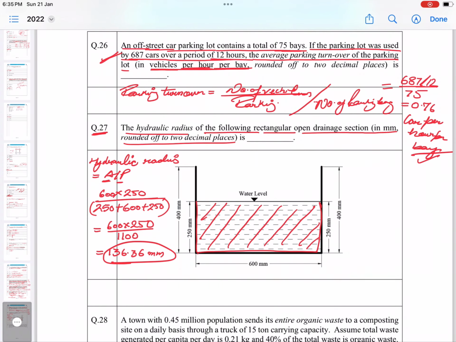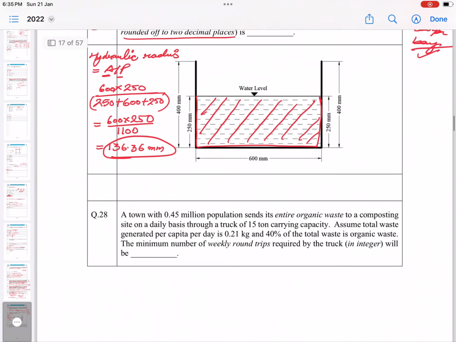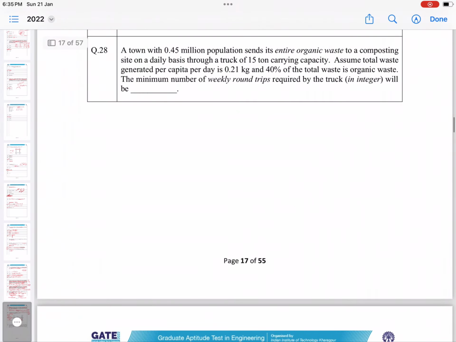This question is from planning for a drainage system. Now moving on to question number 28. I hope till now you are getting what I am teaching. A town with 0.45 million population sends its entire organic waste to a composting site on a daily basis through a truck of 15 ton carrying capacity.